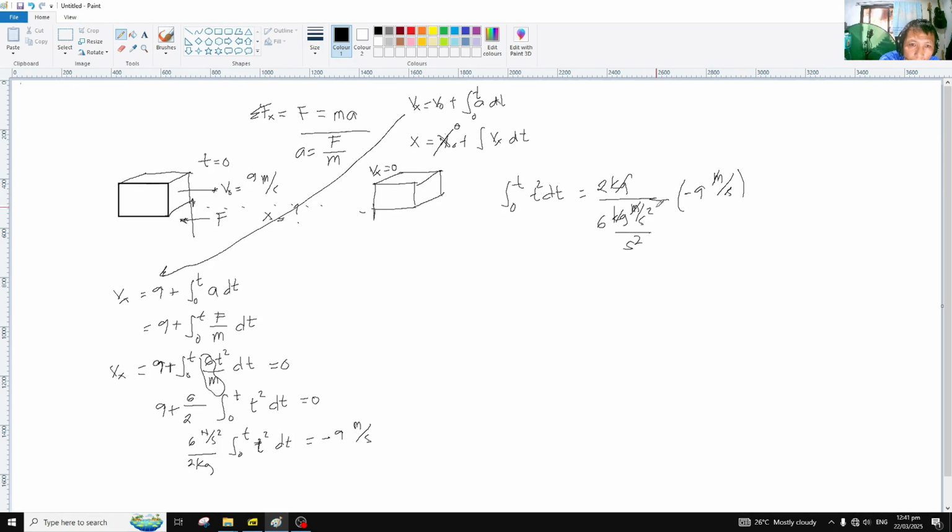So you have one that will be, if you have second cubed at the top, okay? So it will look like this. 2 over 6, and then you have a negative 9. The unit now would be second cubed, actually, because this 2 will go up. Okay? And then you have the integral of this, of course, t squared. That is t cubed all over 3.